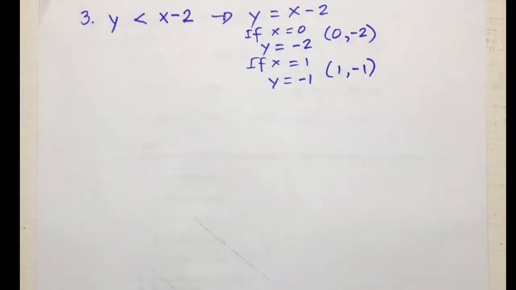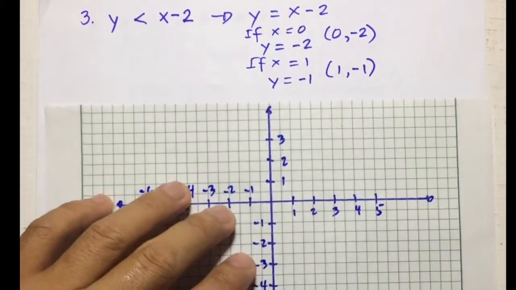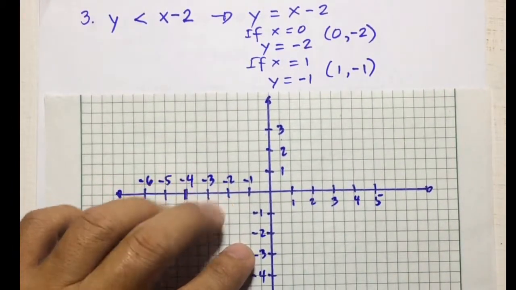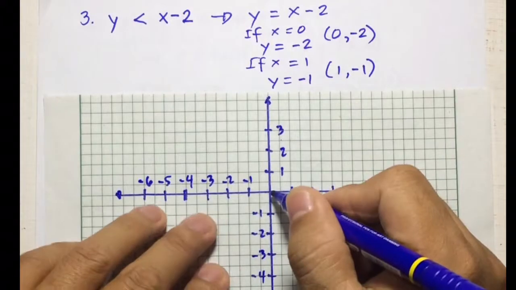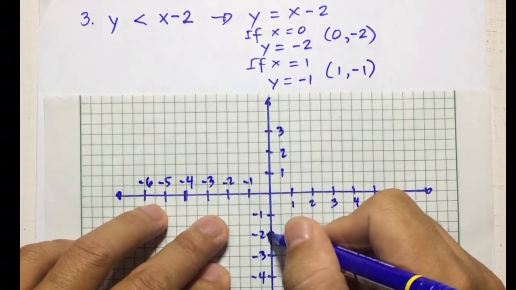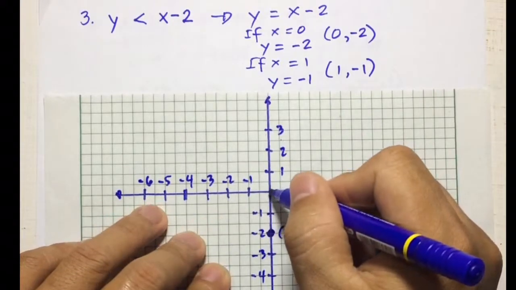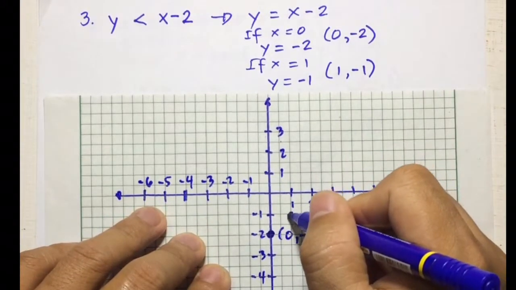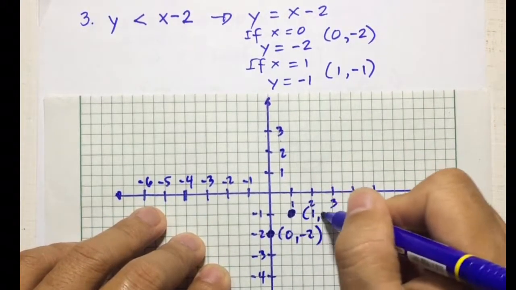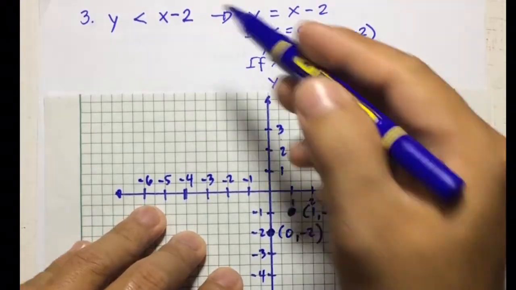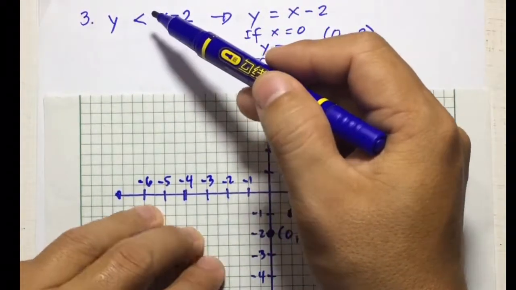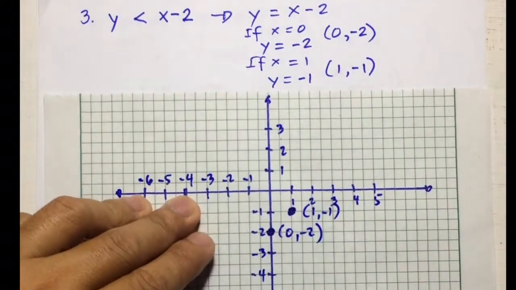Then we're going to plot these points on a graphing paper. So the first point is (0, -2). The second point is (1, -1). Then since this is a less than symbol, you're going to draw a broken line.